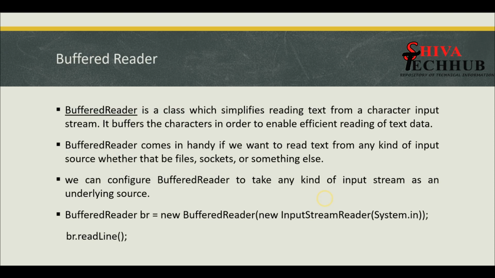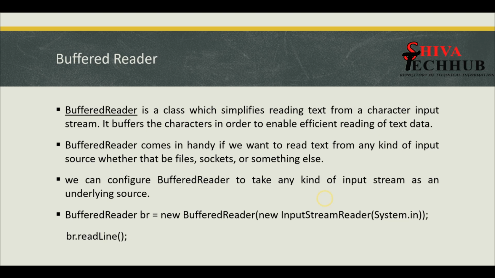So basically, it is a class which is used for reading text from a character input stream, right? So basically, by default, it accepts whatever input you provide in the console in the form of a character input, and it buffers the characters one by one so that it is faster. I mean, the reading of input from the console becomes faster.